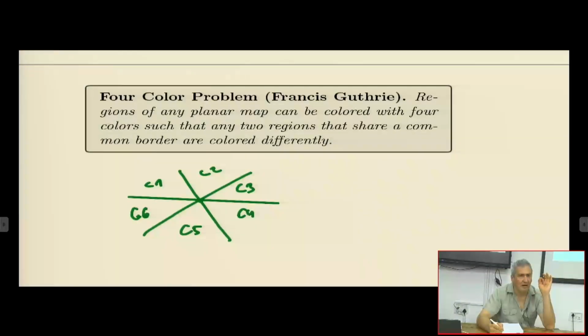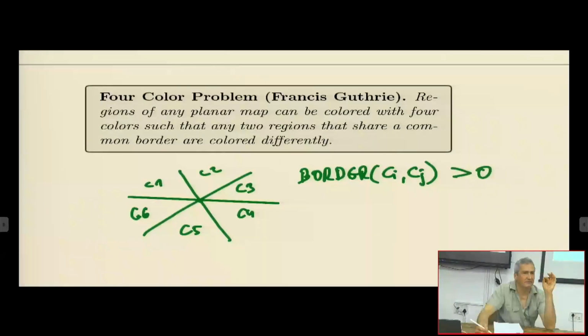Strictly, the border of Ci and Cj should have strictly positive size, yeah. And here you have to color only, as it is drawn here, only these 2 differently, only these 2 differently, and so on. So actually you can color locally here just with 2 colors.